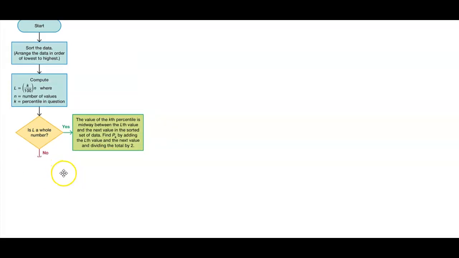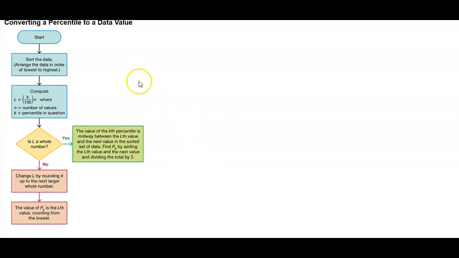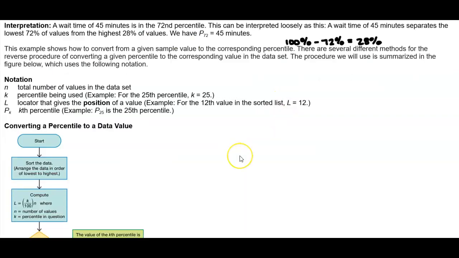Now, if it is not a whole number, then you would change L by rounding it up to the next larger whole number. And then the value of the percentile of K is the Lth value counting from the lowest. So let's go back and take a look at an example here.